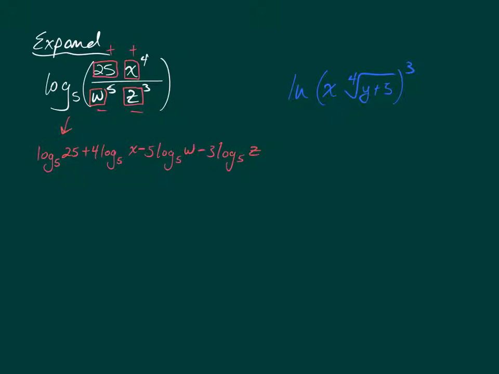And you can generally simplify logs if the argument is just a number. So this log base 5 of 25 is asking you what power of 5 gives me 25. So this here can simplify to 2.